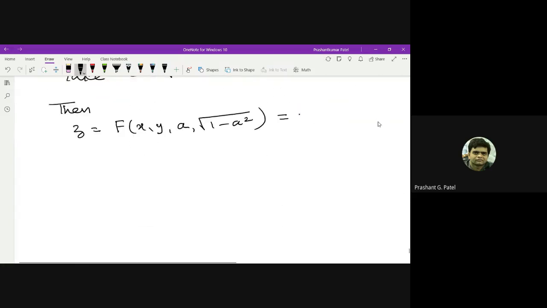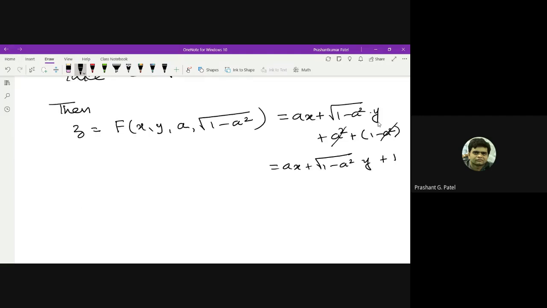That is ax, the value of b is this, so that is square root of 1 minus a square into y plus a square plus b square, so that is the square of this, that is 1 minus a square. A square will get cancelled out, so we'll have ax plus square root of 1 minus a square into y plus 1. So this is the equation we'll have.